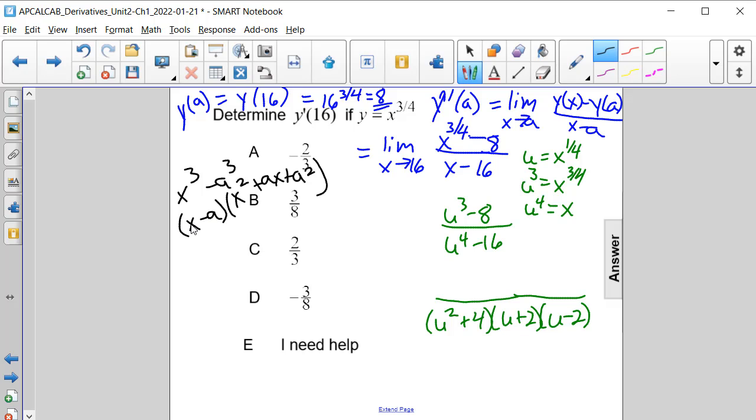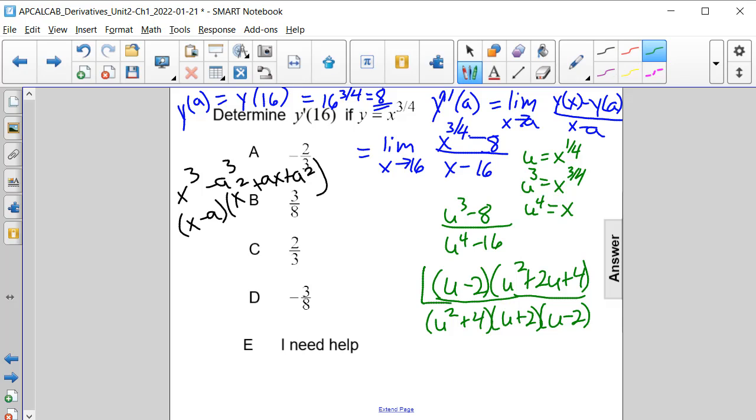So if we use difference of cubes, in our case, u cubed minus 8, our a value will be 2, and we would still be using u instead of x. So we would have u minus 2, and then u squared plus 2u plus 2 squared, which is 4.